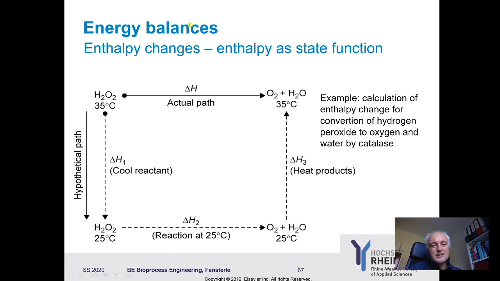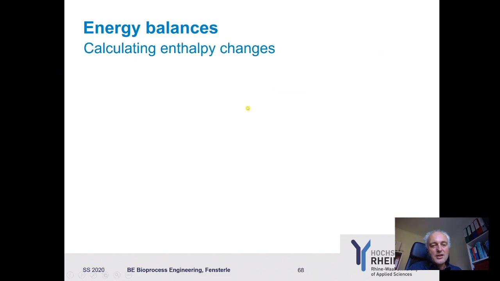Then you have the enthalpy change of this path. Again, we are in normal thermodynamics, and it doesn't matter how you get there. So what you do in between is not relevant. It's just from here to here, use that path.